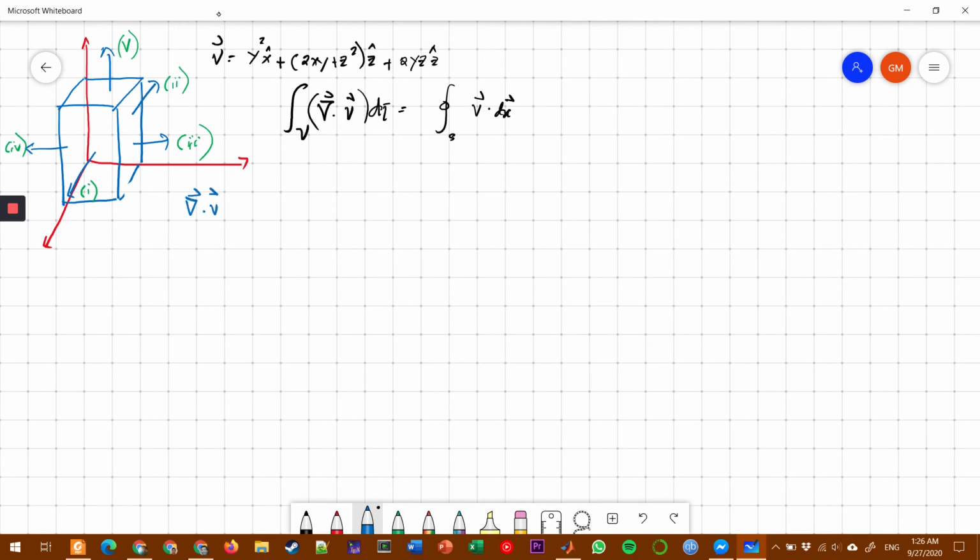So the del dot v is just the derivative of this. So the derivative is just 2y plus, with respect to x is just 0, and this is with, let me see the problem first.